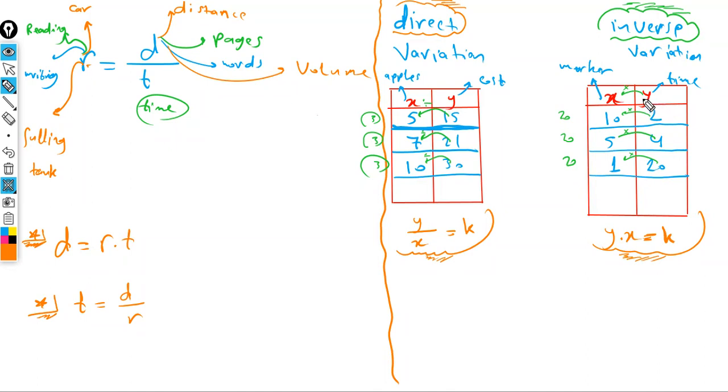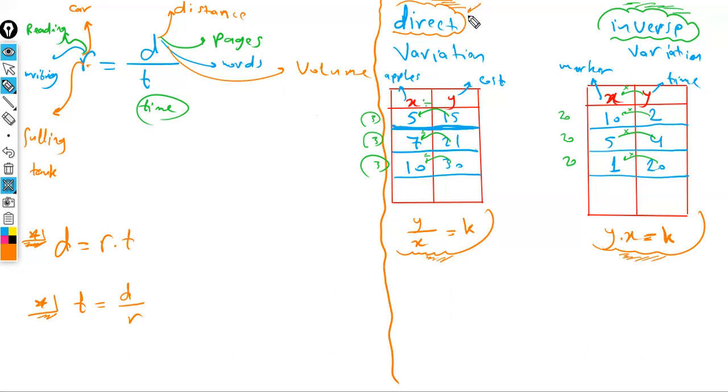Any question until now? Teacher, could you repeat the last thing that you said? The last two sentences. Yeah, in the first one, we can say x is directly proportional to y.